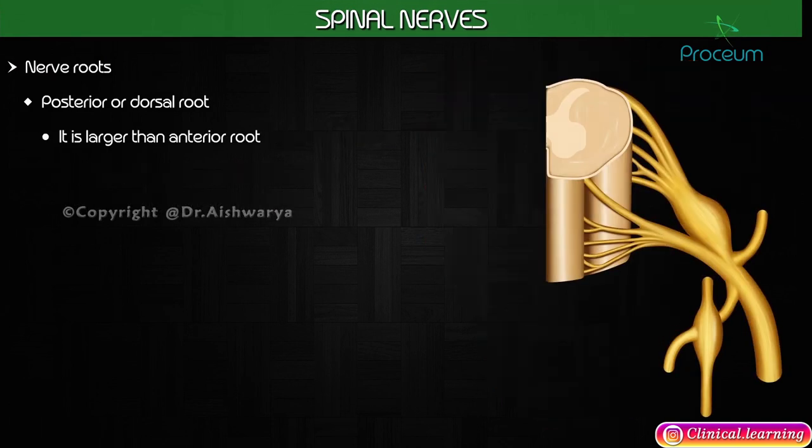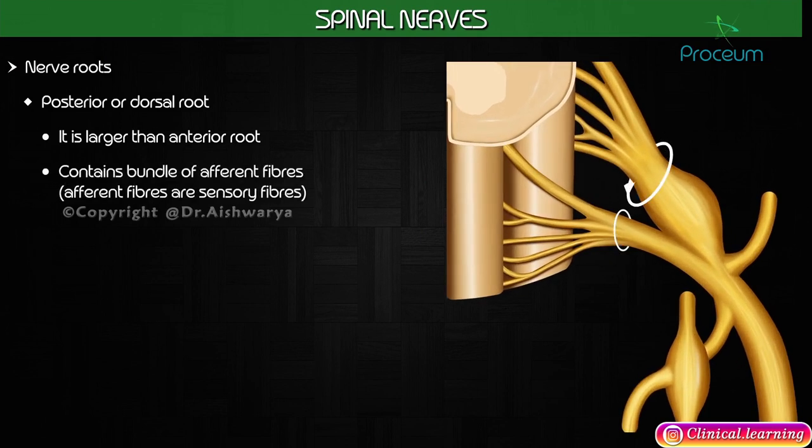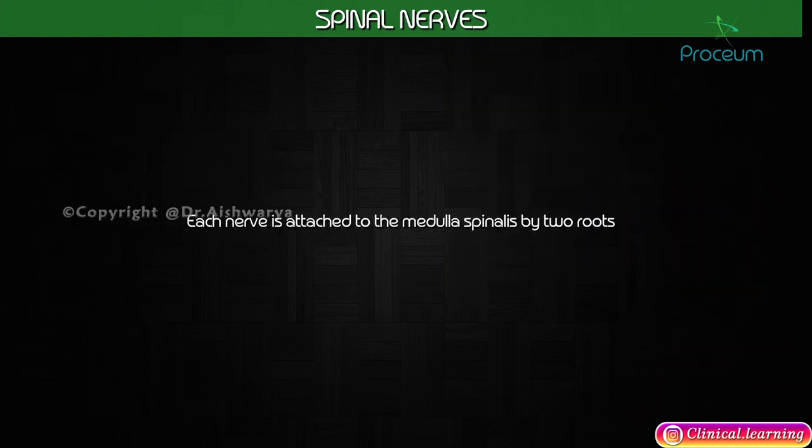And this dorsal root is always larger than the anterior root, and it contains bundles of afferent fibers. Afferent fibers are called sensory fibers. So here each nerve is attached to the spinal cord, that is medulla spinalis, by 2 roots.